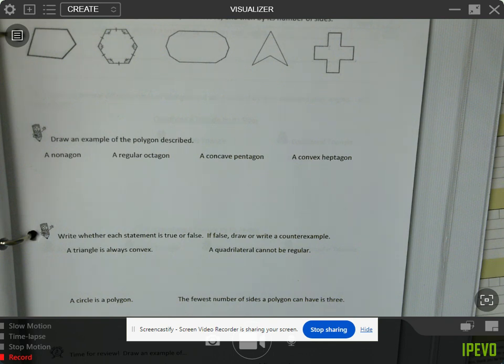So count how many sides they have. Is it a quadrilateral? Is it an octagon? Is it a dodecagon? You have to count your sides, and you have to list if it is convex, concave, or regular.